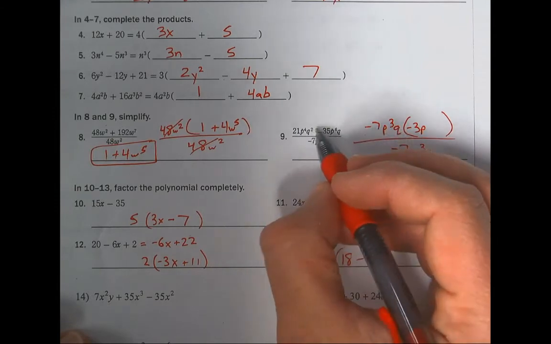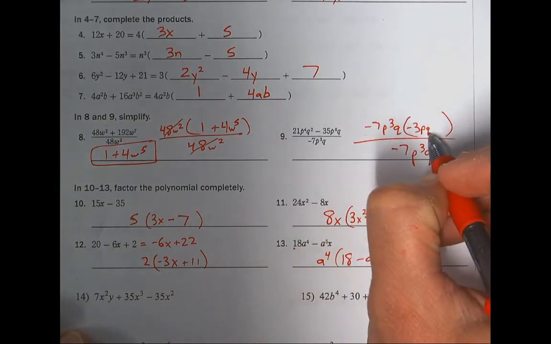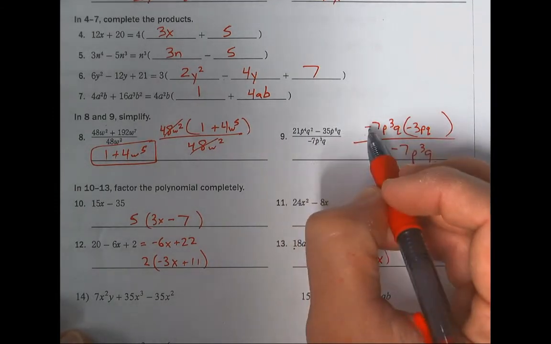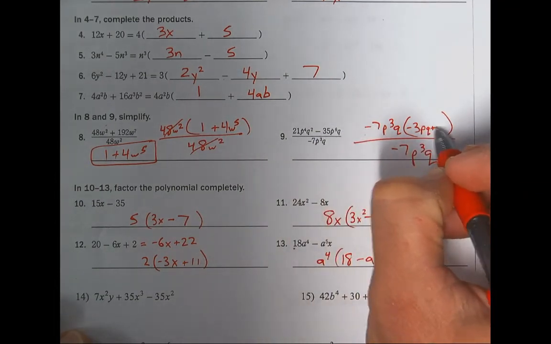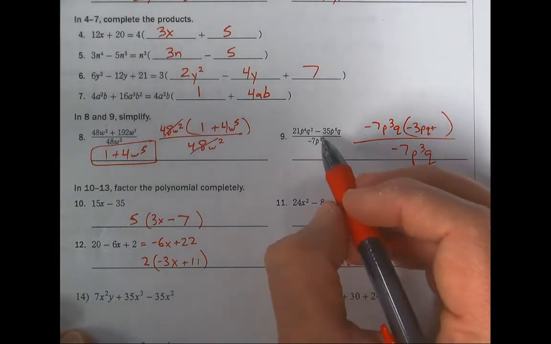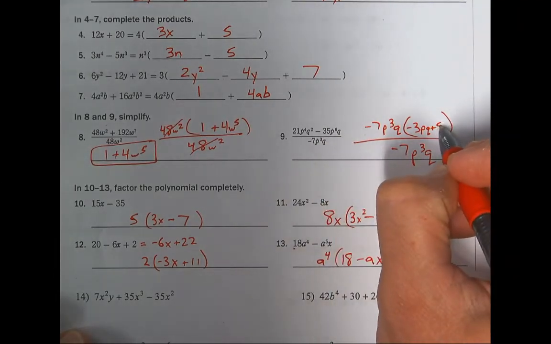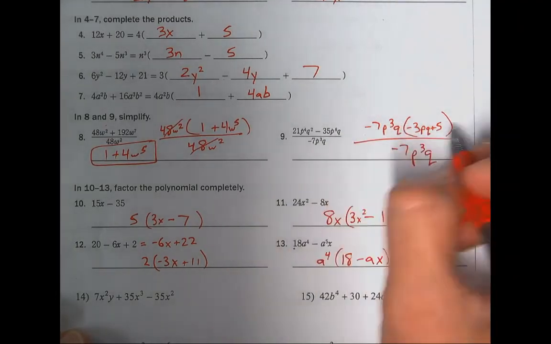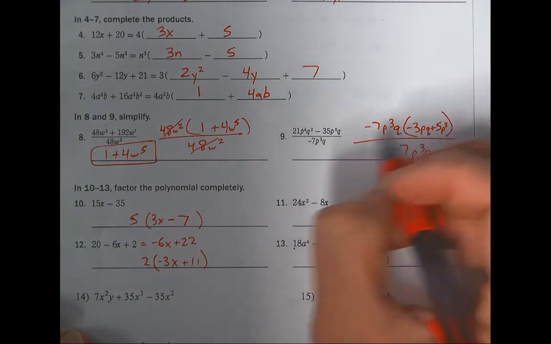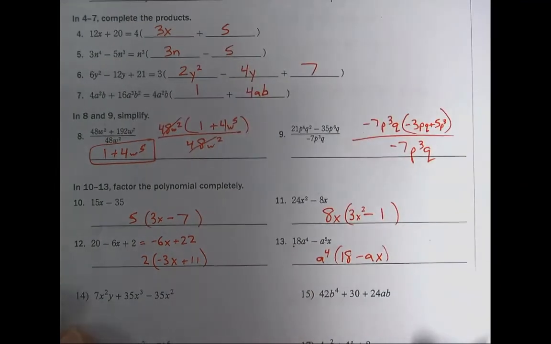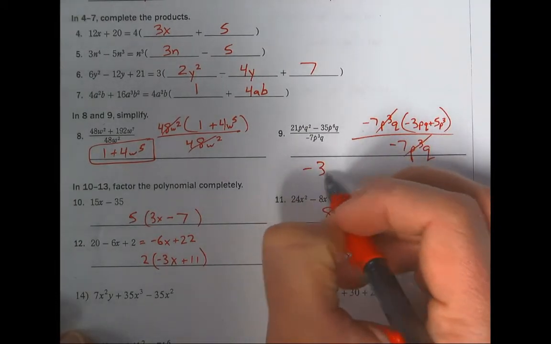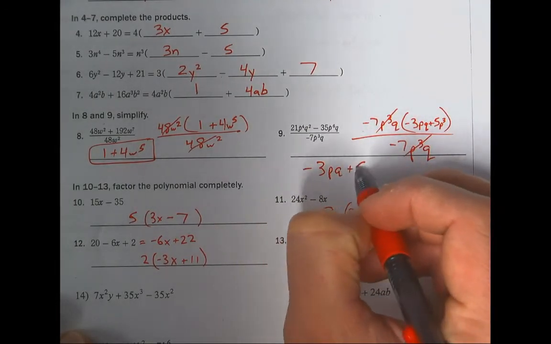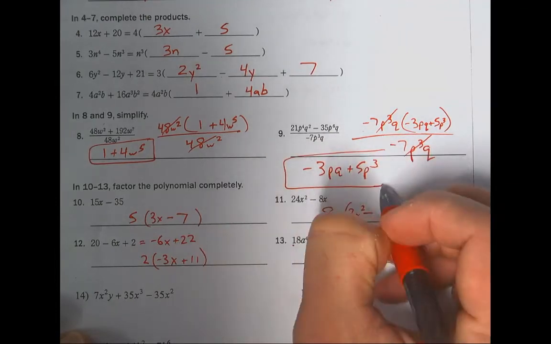Starting with a q, getting q to the second, that means there's a q. Okay, a negative times something got me a negative, so this must be a positive. And it's a 5. P to the third became p to the sixth, so that's p to the third. And q is just going to stay. So these cancel, and what's remaining is my answer, negative 3pq plus 5p to the third.